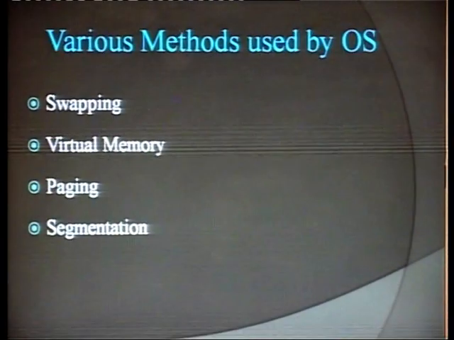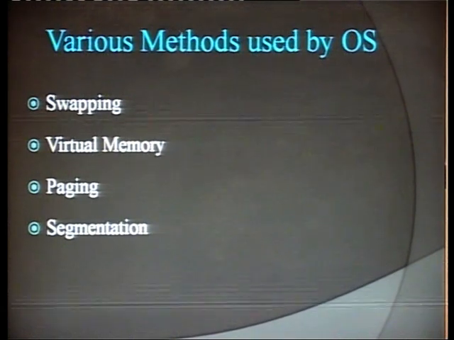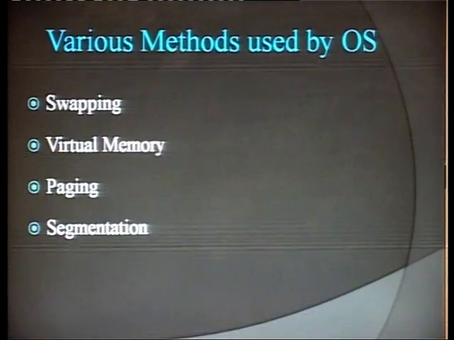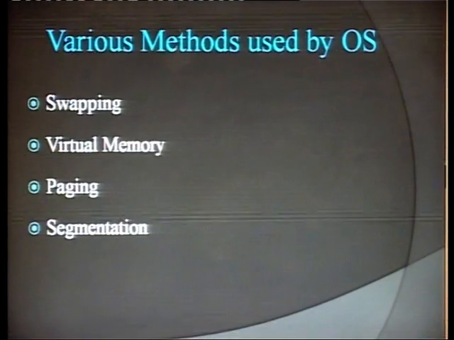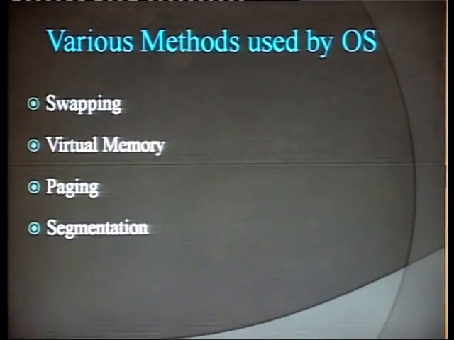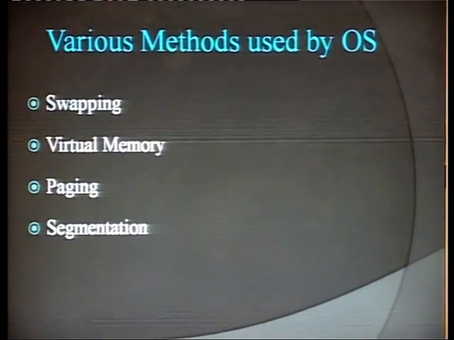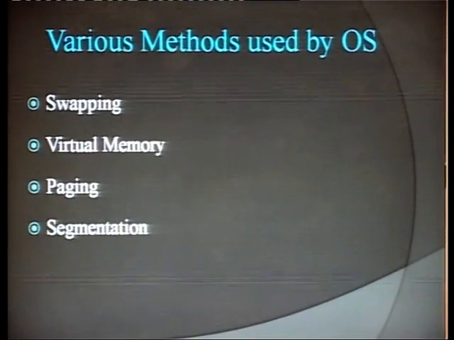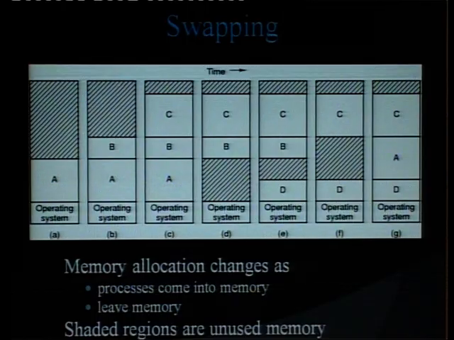There are various methods used by the operating system for managing memory: swapping, virtual memory, paging and segmentation. Swapping means exchanging memory locations with each other. In this way, memory allocation changes as processes come into memory and leave memory.